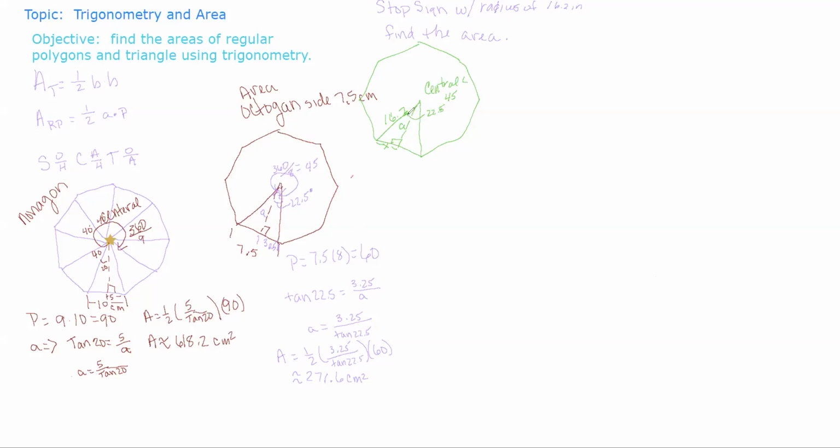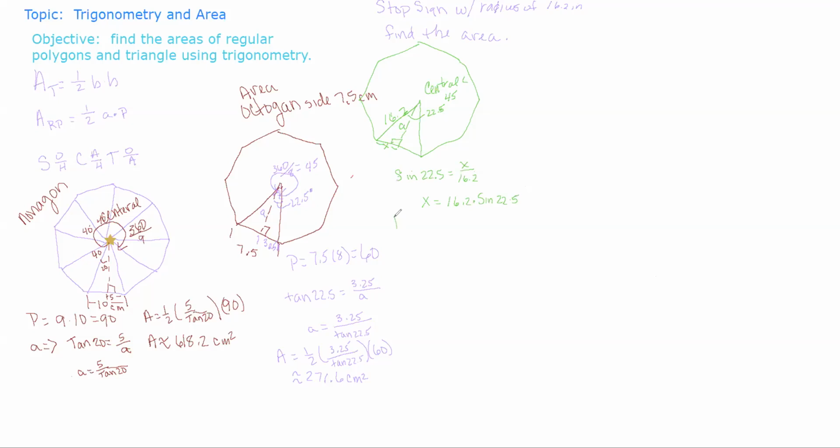So knowing that that's 22.5, I'm looking for the opposite over the hypotenuse. That is opposite over hypotenuse, my sine. So the sine of 22.5 is equal to x over 16.2. So x is going to be equal to 16.2 times the sine of 22.5.